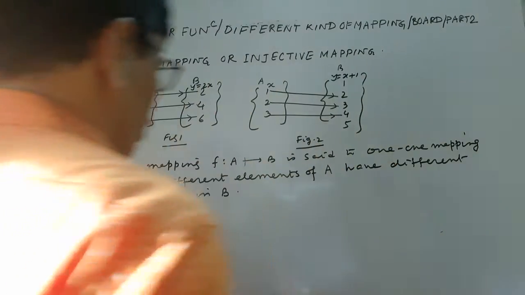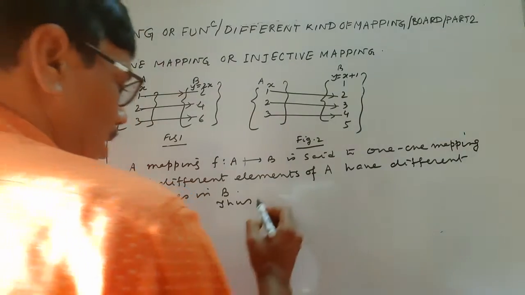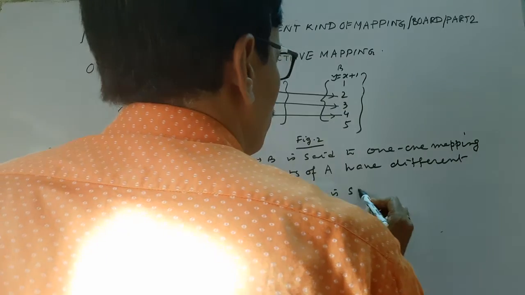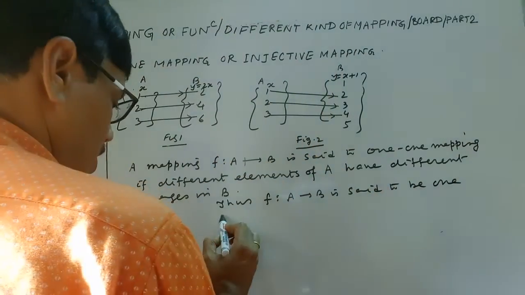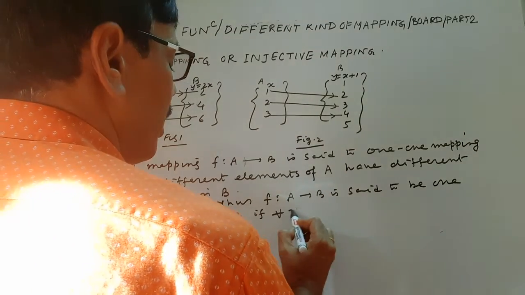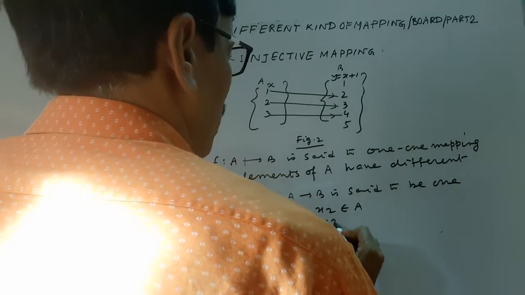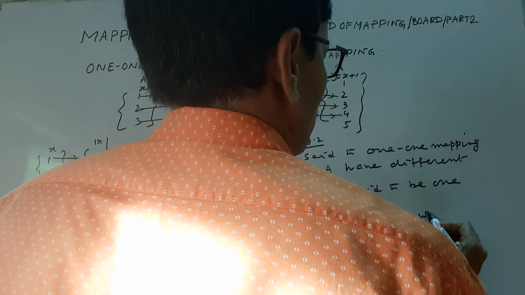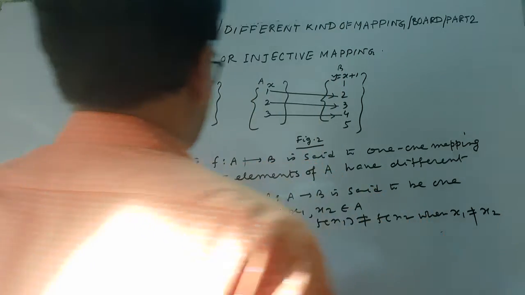Different elements of A have different images in B. This is in language, and we solve problems using this result. Thus f from A to B is said to be 1-1 if for all x1, x2 belonging to A, f(x1) not equal to f(x2) when x1 not equal to x2.